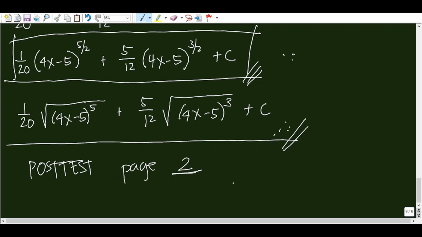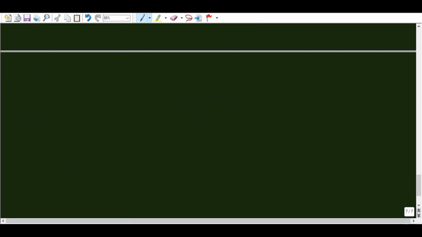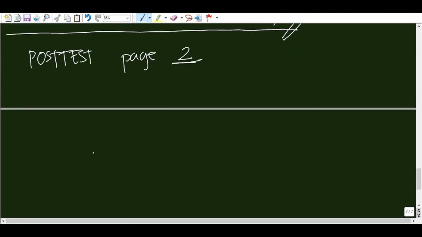Try to solve those problems or exercise problems sa may post test page 2 and try to compare your answers with the answers I have with me. So, for problem number 1, again, I am talking about page 2 of the notes I have posted in the Google Classroom.